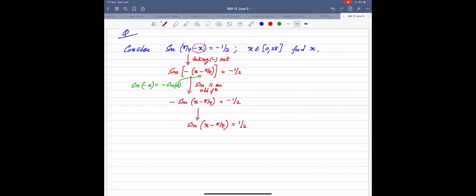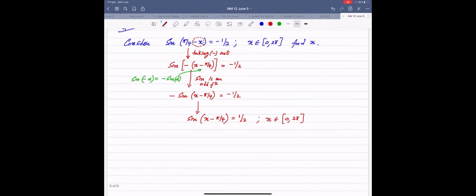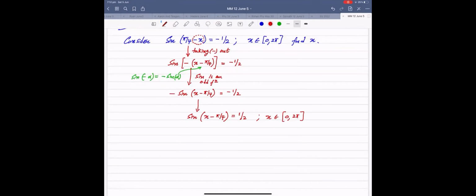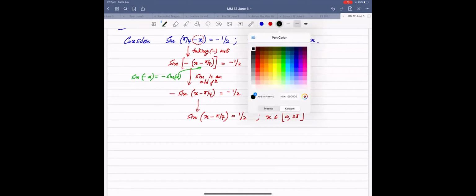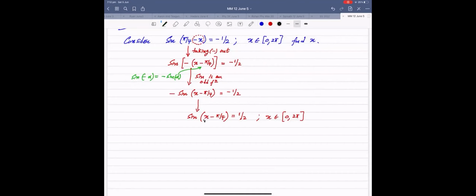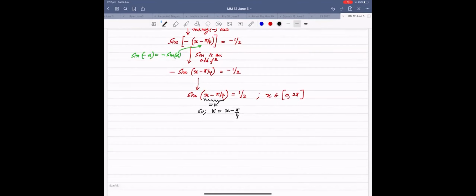Half now. Now x goes from 0 to 1. Okay. So I think so far so good. Then if you have something complicated here, that's k. So your k would be -pi/4. Then sin k is equal to half.